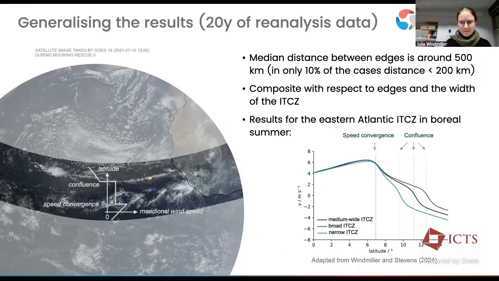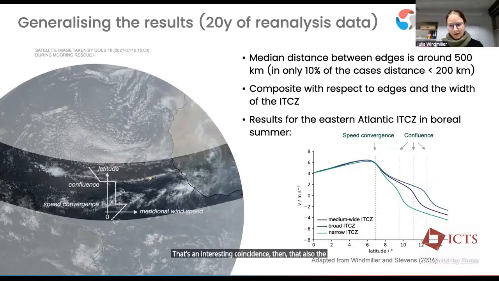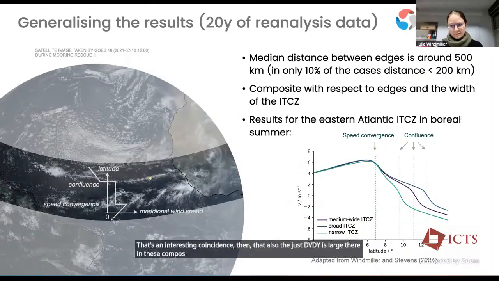Yeah, I guess it's just an interesting coincidence then that dV/dy is also large there in these composites.